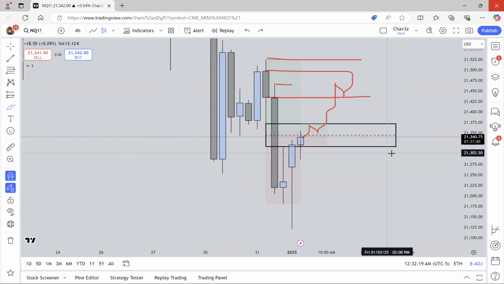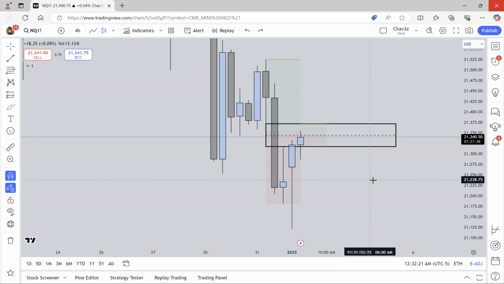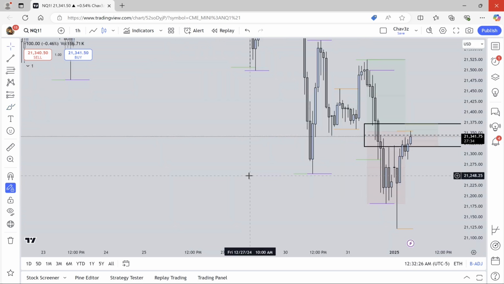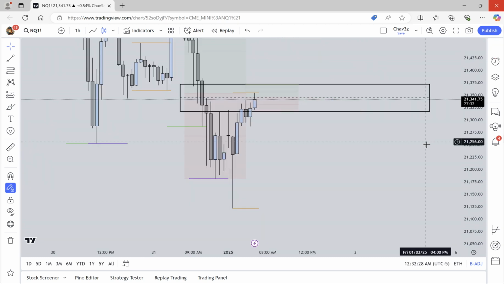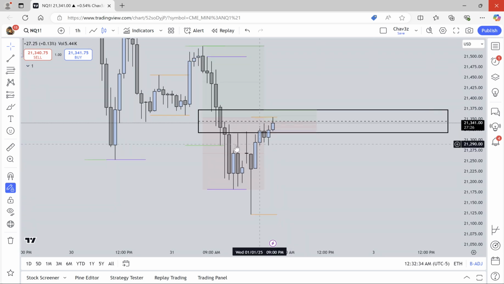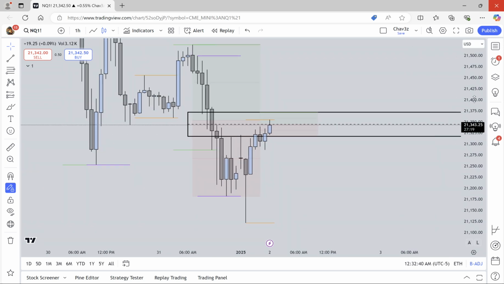So let's get rid of the red markings real quick, and we'll go to the 1 hour, and we'll see what else price is doing that can confirm our bullish sentiment, right? If we look at the 1 hour, what do we have? What do we have going on that can potentially keep us upright?